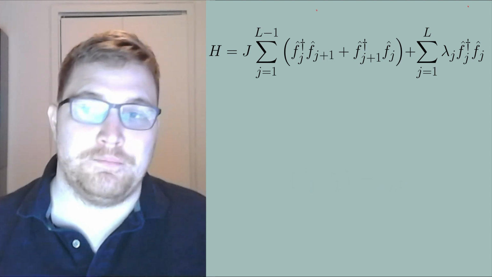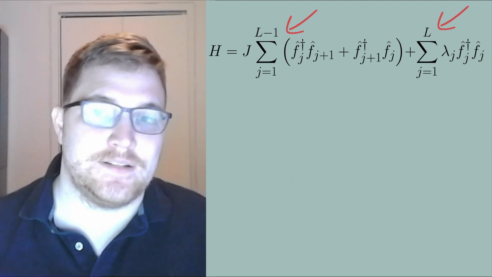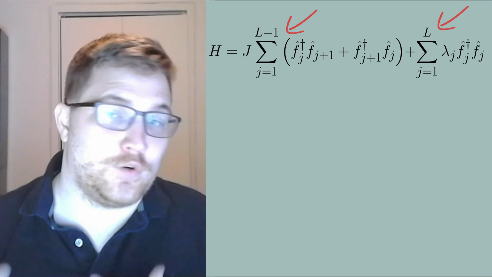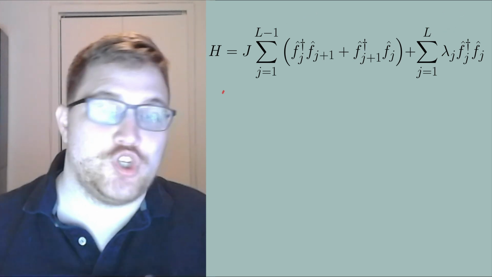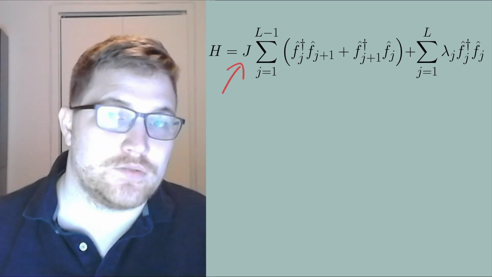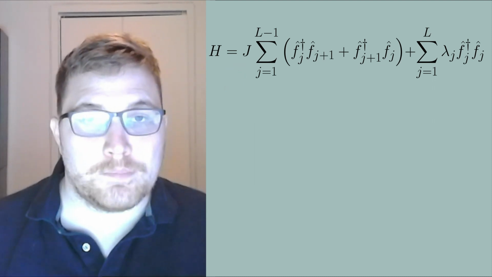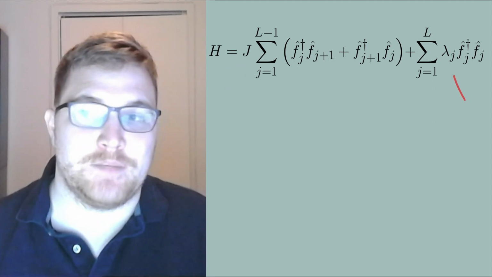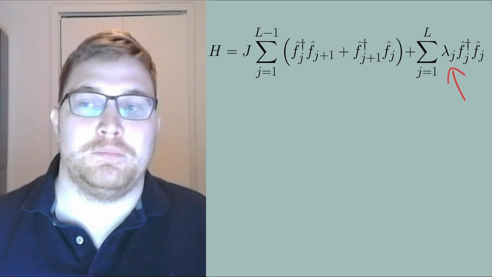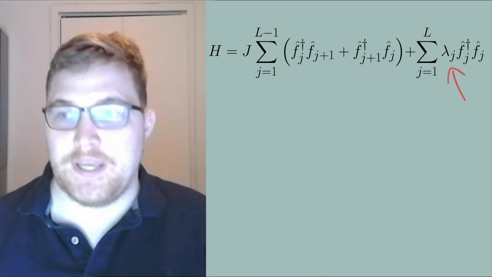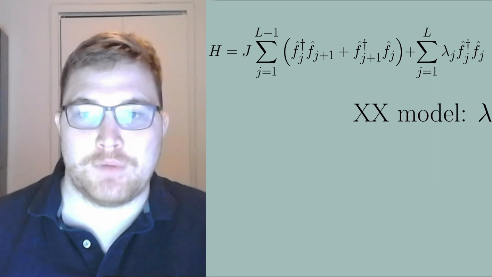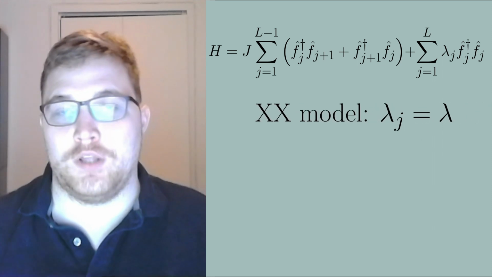L in the sum is how many lattice sites we will let the fermions potentially sit in. J here controls the hopping strength and could be positive or negative. The most important part is the on-site potential term coming from lambda subscript j. In our video on the XX model, this was constant for all lattice sites.